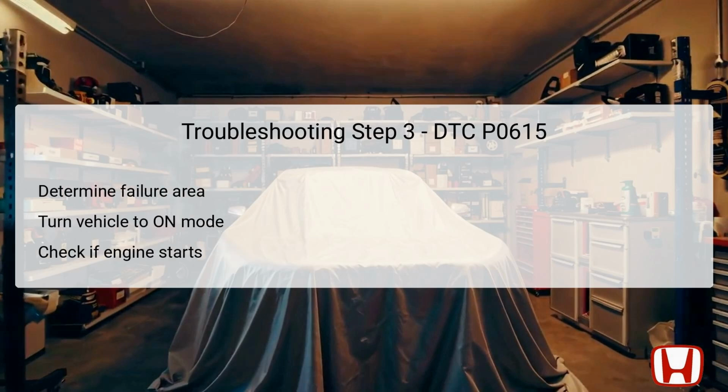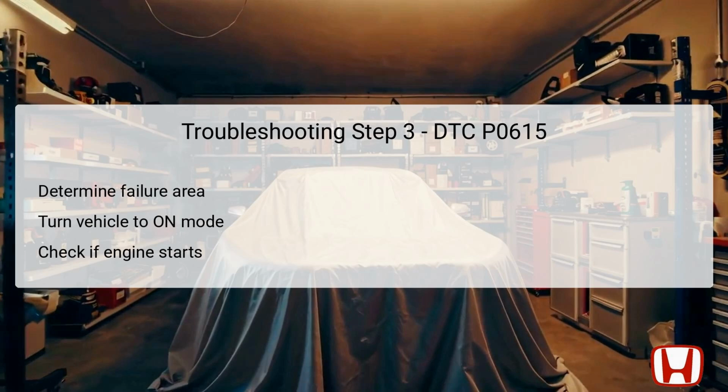In Step 3, the focus shifts to identifying the possible failure area related to DTC P0615. First, turn the vehicle ignition to the on mode, as this engages the necessary electrical systems without starting the engine.